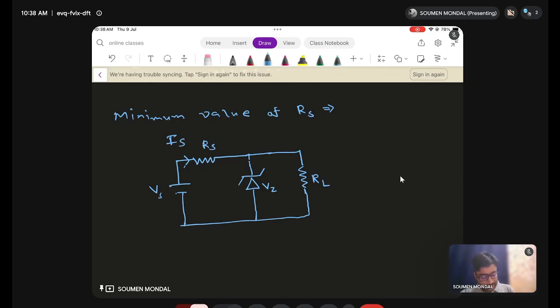After passing RS, this is a node in the circuit, so here will be the branching of current. One current is Iz, and this will be IL. If we apply KCL at this point N1, it immediately gives me Is is equal to Iz plus IL.